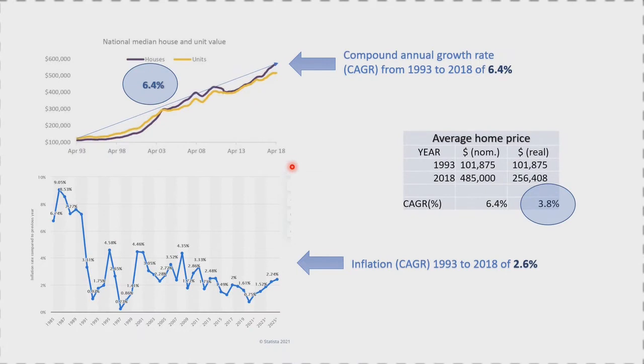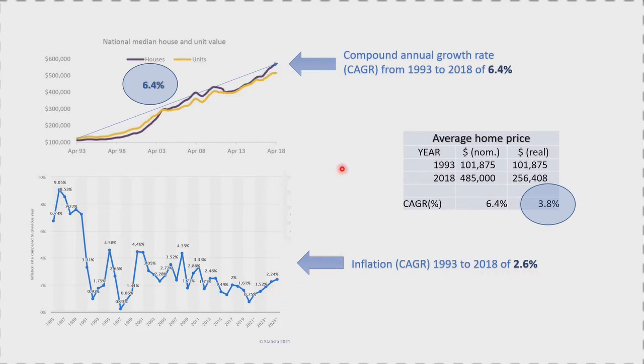And I'm using Australia as an example, but most developed countries are in the same ballpark. Since 1993, 25 years, the national median house and unit value, the average, has increased 6.4% annually. And this is the inflation in Australia, which is 2.6% per year.